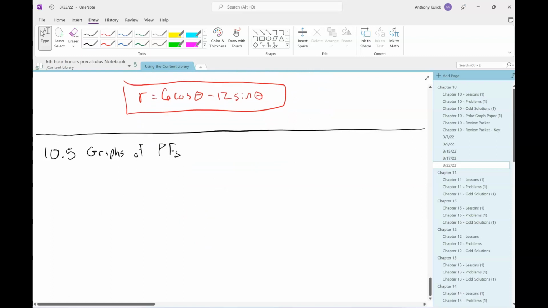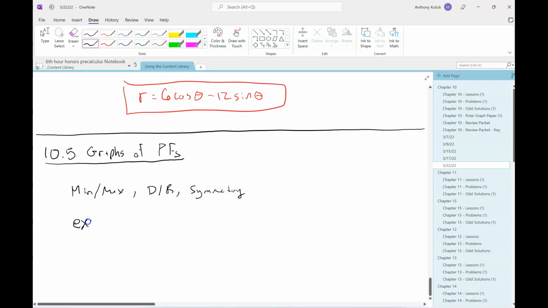So in 10.5, we're going to be talking about graphs of polar functions. To start off, I want to talk about some attributes like mins and maxes and domain and ranges and symmetry, stuff like that.